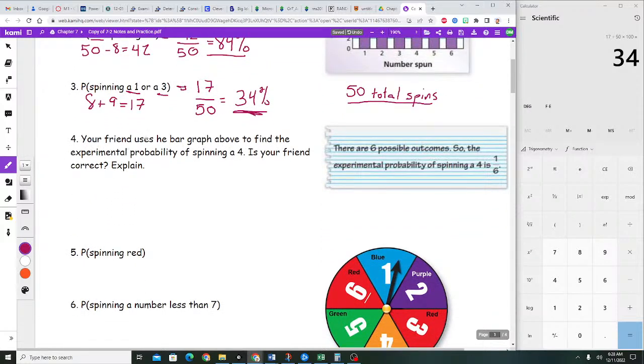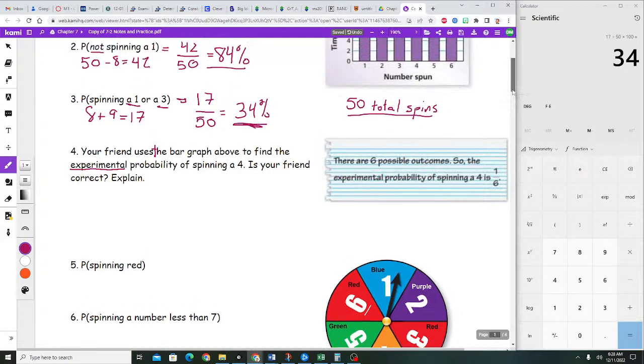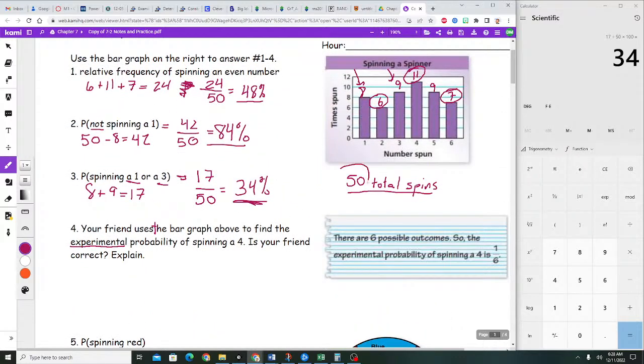Your friend uses the bar graph above to find the experimental probability of spinning a 4. Is your friend correct? So please note, it's experimental probability. It says over here there are 6 possible outcomes. We know that that's not true right off the bat, because up here, the first thing we did was find out there were 50 spins. So there's not 6 possible outcomes, there's 50 possible outcomes, because there were 50 events that we performed. So the experimental probability is not 1/6.